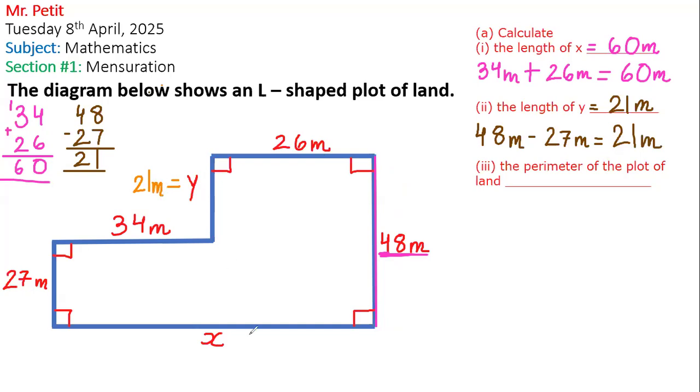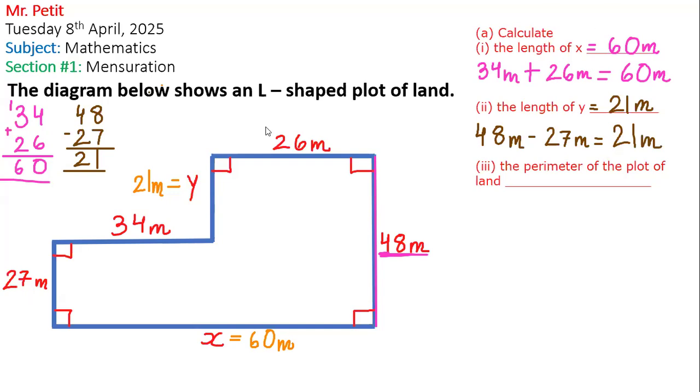We know that x is 60 meters. And they're asking us to calculate the perimeter. What is the perimeter of an object? All the sides added together, all the sides combined.